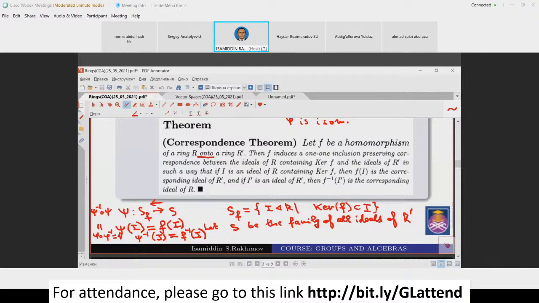Because any ideal contains 0, so its pre-image also contains the pre-image of 0, which is I. So these two functions are well defined. Their composites are the identity function, which can be checked. So this is the correspondence theorem.